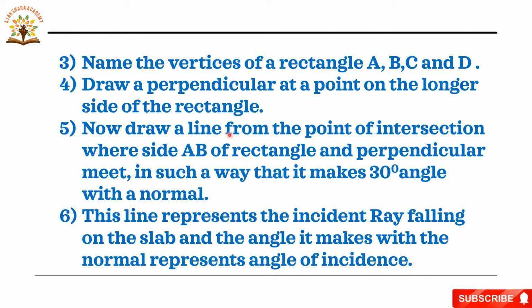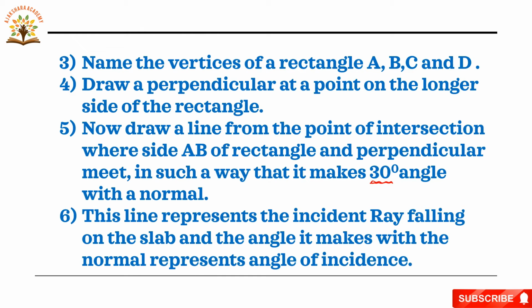Now here, after formation of the rectangle, we note the vertices A, B, C and D. After that we draw the perpendicular line on the longer side of the rectangle, and then draw a line from the point of intersection where side AB of the rectangle and the perpendicular meet. Here we are drawing the line and it makes an angle of 30 degrees.